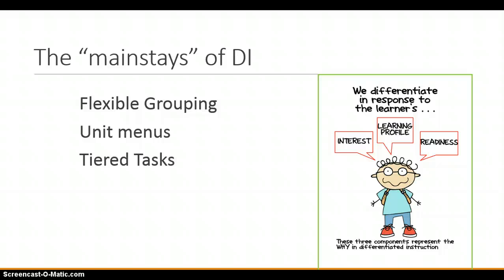Unit menus means that you offer them an opportunity, usually in some organized fashion, with opportunities to do different things that speak to their abilities and their interests. So you may have a section on your bulletin board with 9 squares.